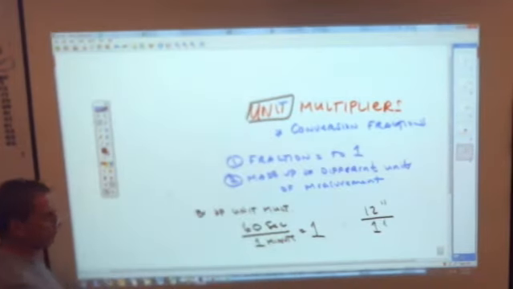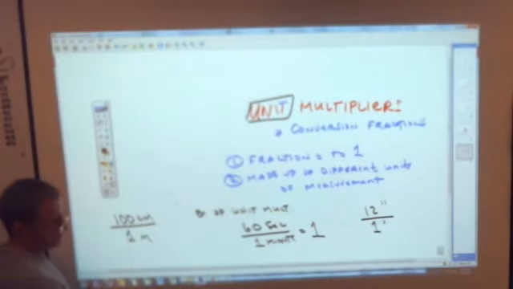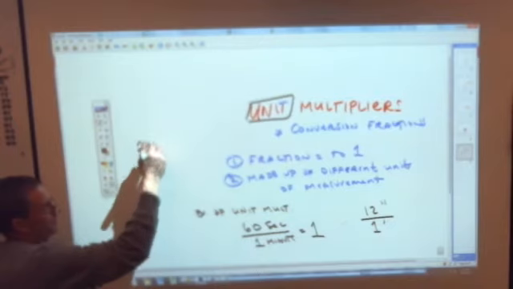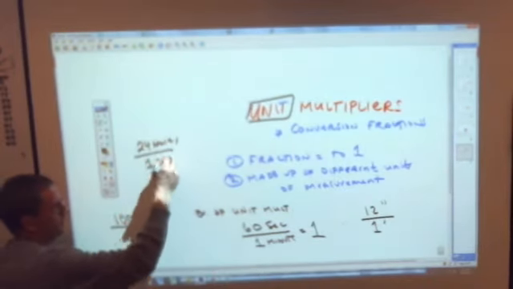You could say, what else do we have? 100 centimeters is the same as 1 meter. You could say 24 hours is the same as 1 day.